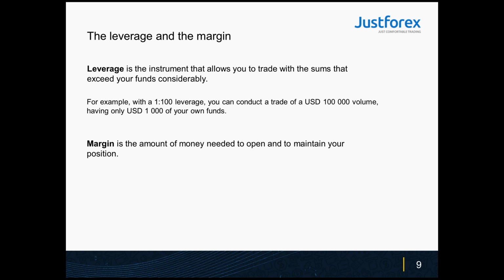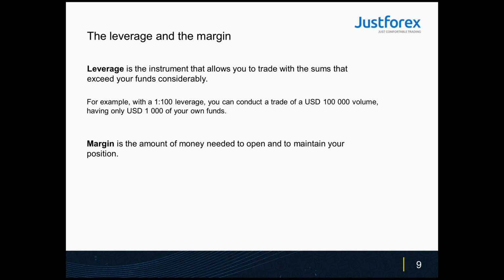And if you're working with leverage smaller than 1 to 3,000, let's say you are working with an investment of $1,000 and you take leverage of 1 to 100, you're also increasing the capital you are working with, and you have the potential of trading with a volume of $100,000.